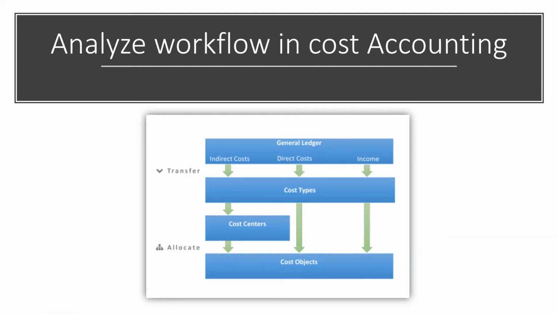So we can generate an income statement, a P&L, for your store or for a sales team, where they are going to have income and costs. Then we generate the cost types and cost centers, and then we make allocations.